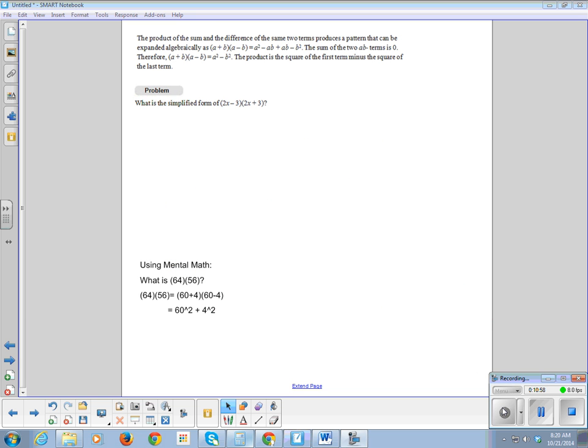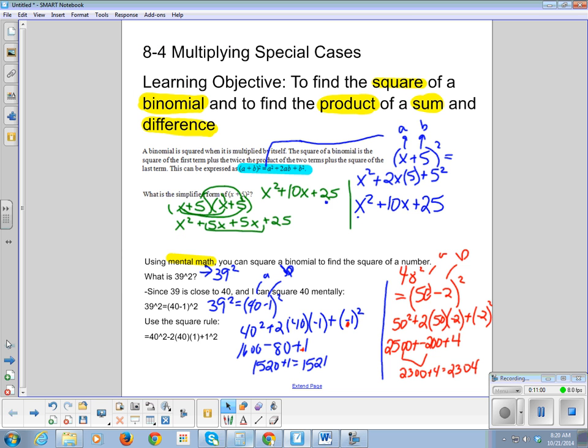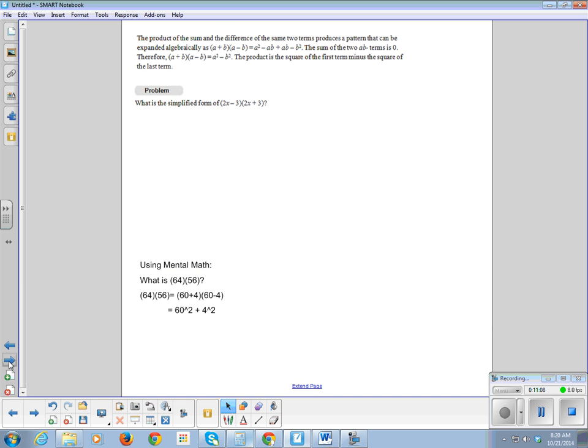All right, so the next part of our learning objective, we met the one where we're finding the square of a binomial. Now we're going to focus on the product of a sum and difference. So I want you to highlight, I'll read it and then I'll highlight what I want you guys to write.